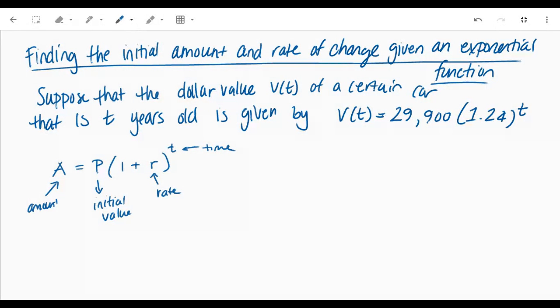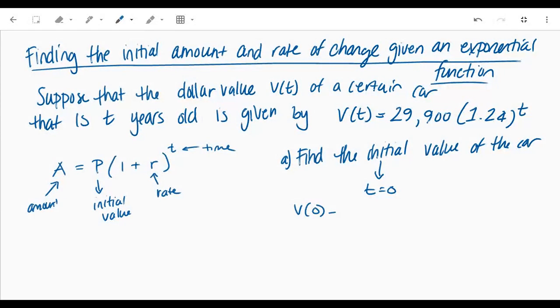Okay. So this question, the things that it asks, there's a couple ways to think about those answers. So we're going to start with the first thing it asks, which is find the initial value of the car. So there's two ways to do this. You can take your equation, the initial value, that would be when t is 0.